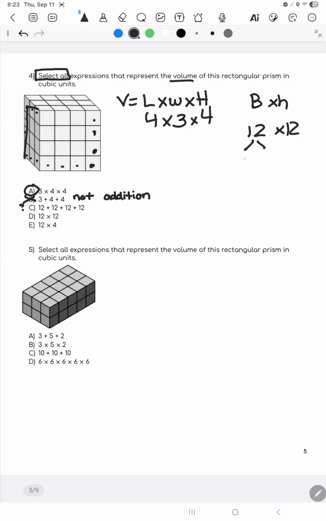I could see where that could come from, the length and the width on the side of it. I'm going to color it so you can see which one I'm talking about. But then that would mean the height would have to be 12. No. Nice try, though. They're trying to get us.